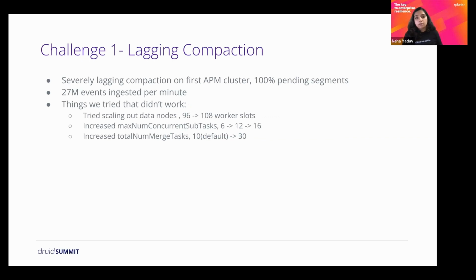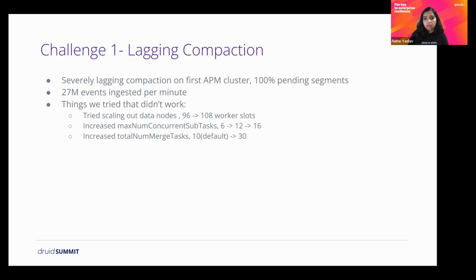We had a very basic compaction spec, which defined what our partition specs were going to be, but all other configs like max rows per segment, split hint spec, segments to merge, all those configs were at their default values. What we started noticing was that with our very first production cluster that was migrated, compaction started lagging severely.